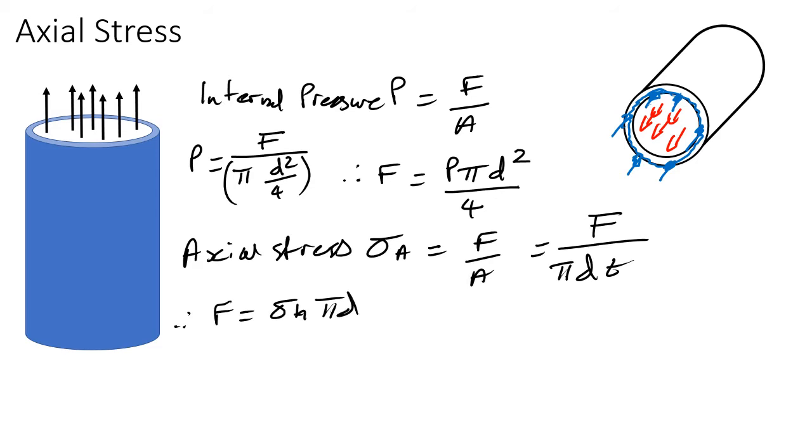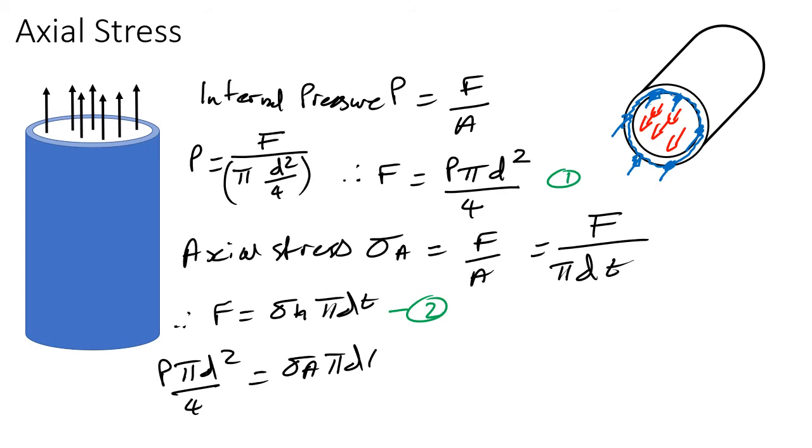pi d t. And again, if we say that that is 1 and we compare 1 and 2, then we will have P pi d squared over 4 equals sigma A pi d t. So our d is going to cancel with the squared term, the pi is going to be eliminated, and if we rearrange that for our axial stress, we will get P d over 4t.